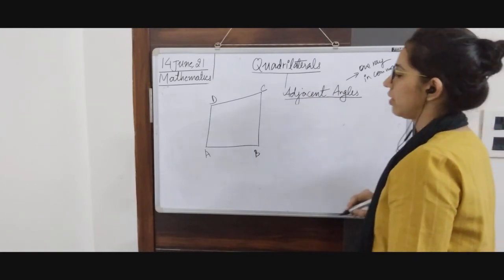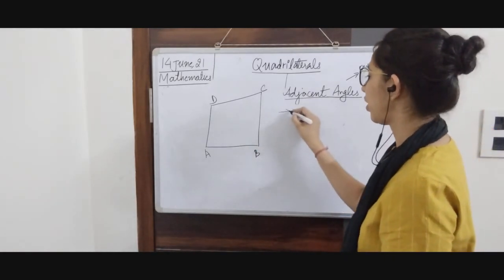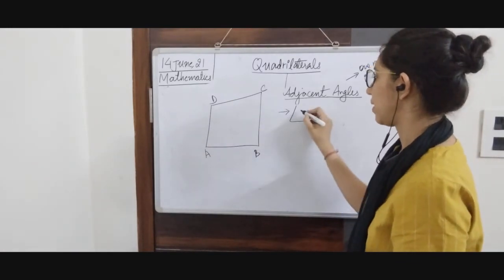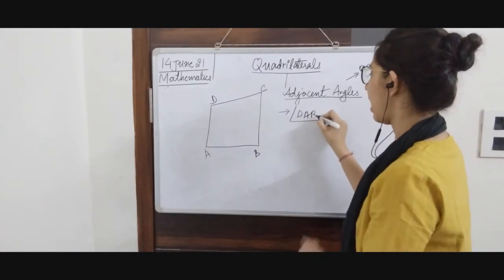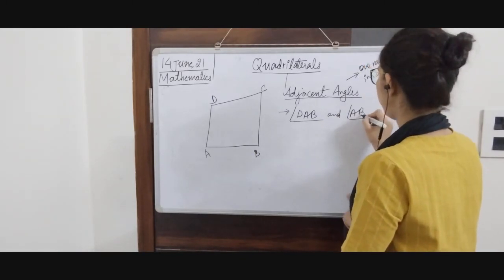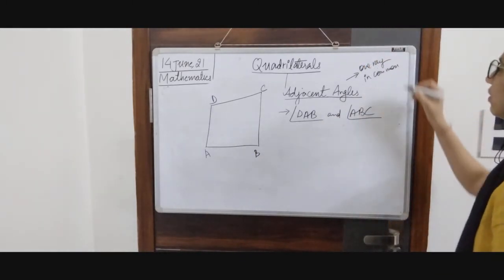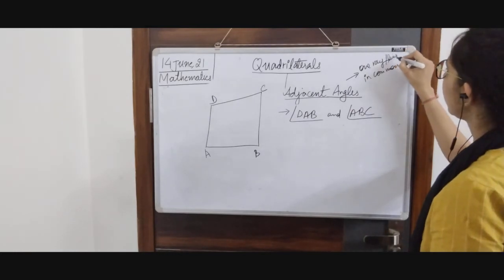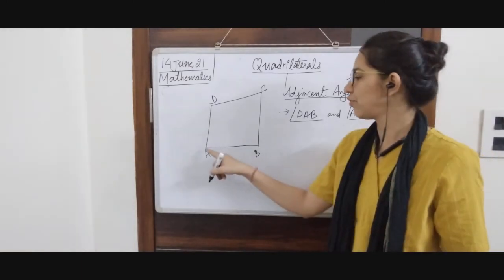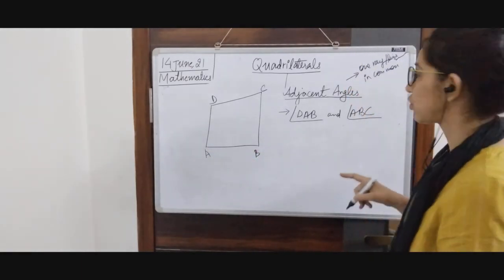In this we are going to write the pairs. First one is DAB and ABC. DAB and ABC have line segment AB in common.